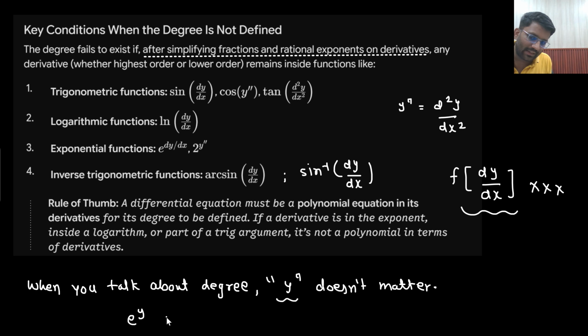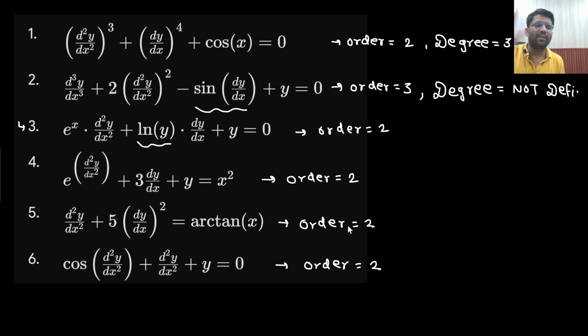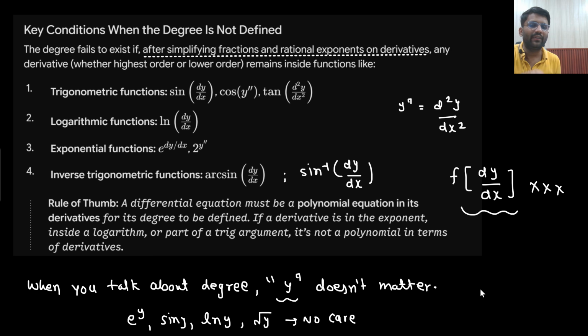Even if e to the power y, sin y, ln y, under root y is there, I don't care. Degree will still be defined. Degree will say, I don't care about you, y. Are you trapped inside ln? I don't care. But if dy by dx is trapped inside sin or ln, then I will care. But if y is trapped, I don't care. So always remember this line. When you talk about degree, y does not matter.